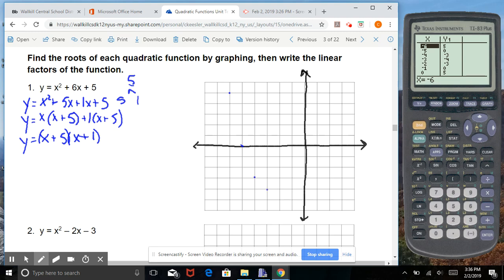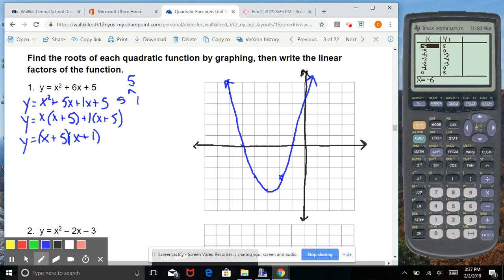There's our turning point or our vertex. -2, -3, -1, 0, and 0, 5. Now, I didn't give you a domain today, so we're going to draw the parabola curve with arrows on each end to show that it would continue in both directions. And there we have our graph.